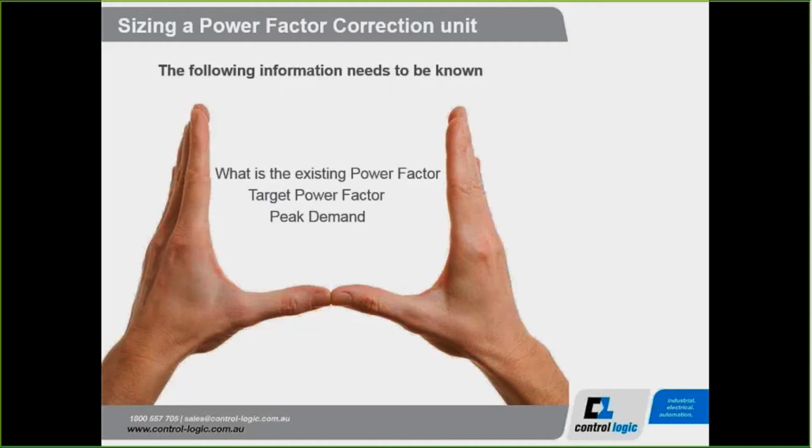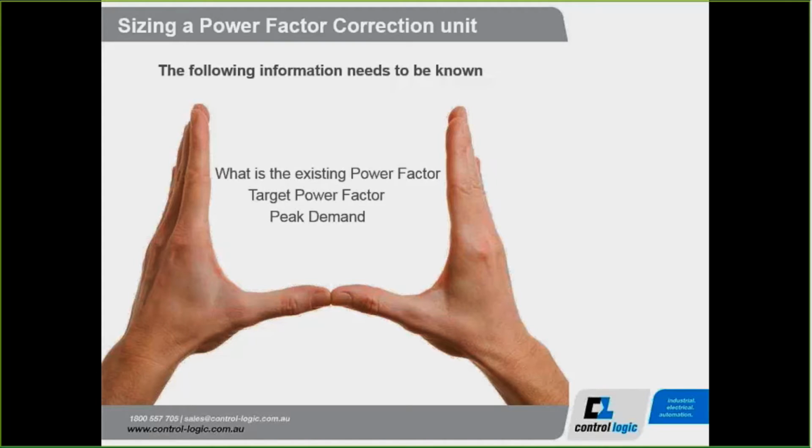So to size up a power factor correction unit, what information do we need to know? Well, we need to know what is the existing power factor. We need to know the target power factor. Generally, a target power factor, as I spoke about at the beginning, referring to the Energex website, they've stated a power factor between 0.95 and 1 is most cost effective.